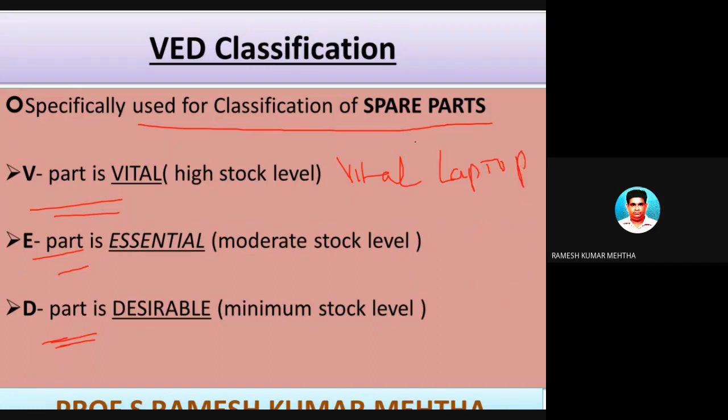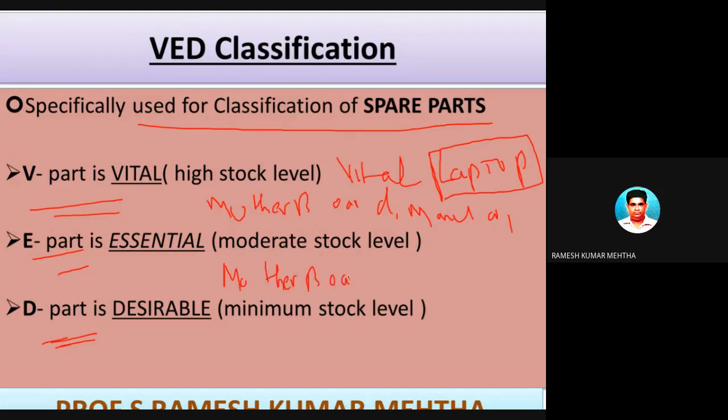Laptop is a particular product, and the inventory or material which goes into the manufacturing of a laptop includes the motherboard, monitor, and keyboard. Okay, I'm just classifying. Number one, motherboard. Number two is monitor.